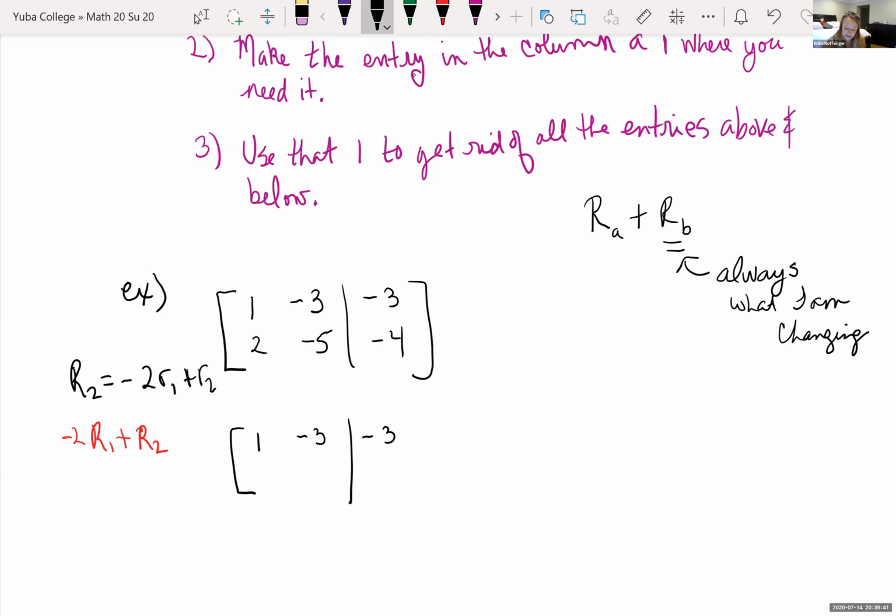So if I do -2 times this 1, that's -2, plus the 2 below gives me back 0. Okay, and so -2 times that next entry in that row, so -2 times -3 is 6, and 6 minus 5 is 1. And then -2 times -3 here is +6, and 6 minus 4 is 2.